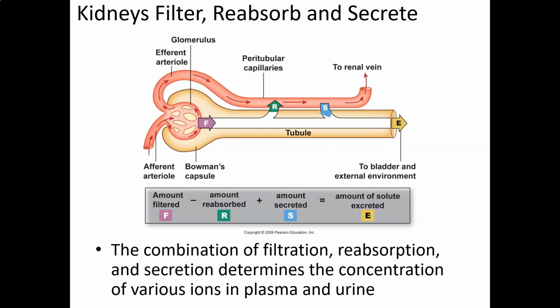As an example, we've talked about this a couple times this semester, but one of the ways we maintain pH balance in our body is by the urinary and respiratory system. So if we breathe out more CO2, since CO2 acts as an acid, it's one way to get rid of acid. Or we could actively secrete hydrogen ion into our urine to get rid of the acid that way.